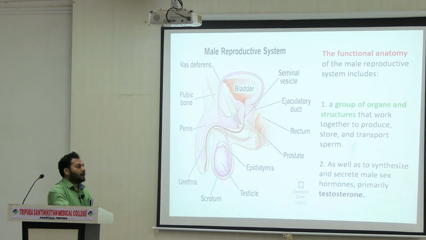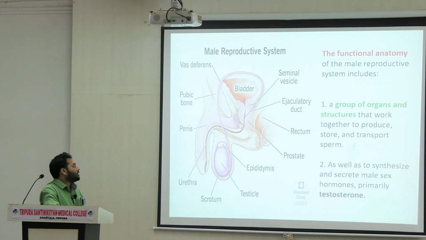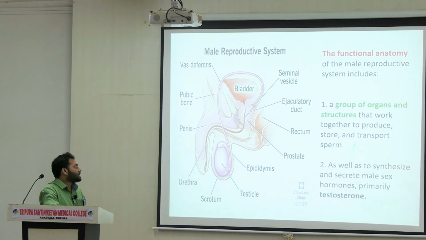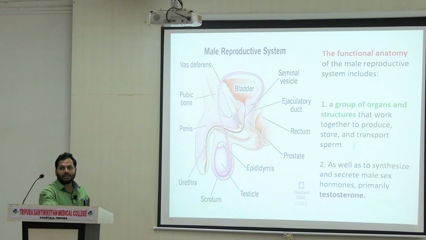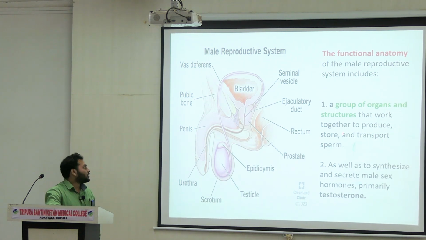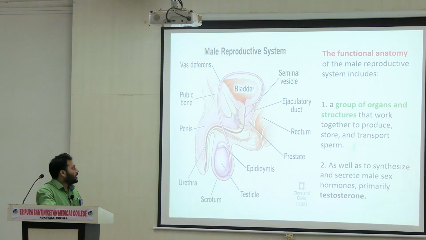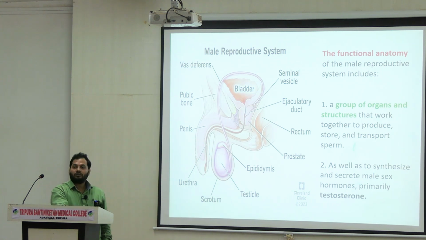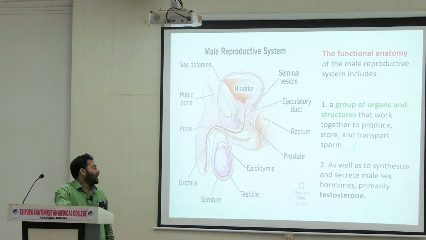As mentioned here, the functional anatomy of the male reproductive system includes a group of organs and structures that work together to produce, store and transport sperm. Not only the formation, storage and transport of sperm is important.